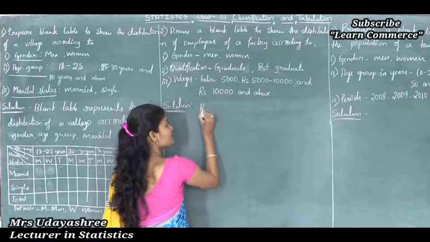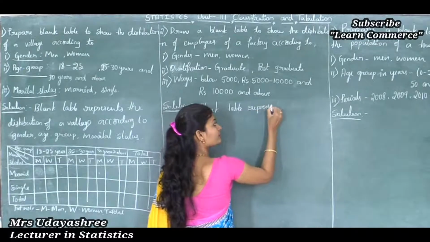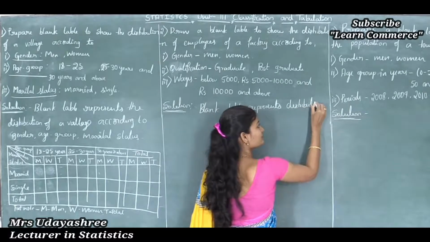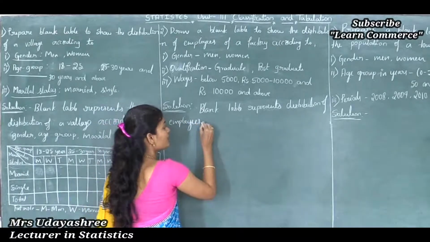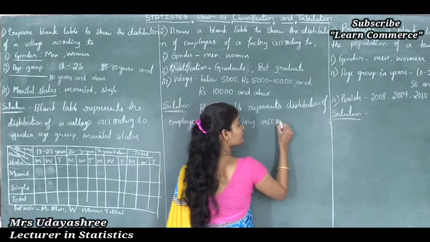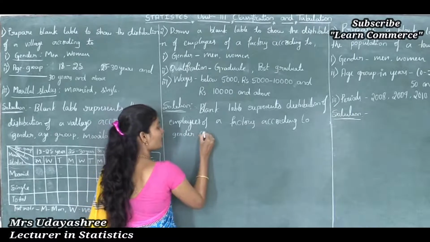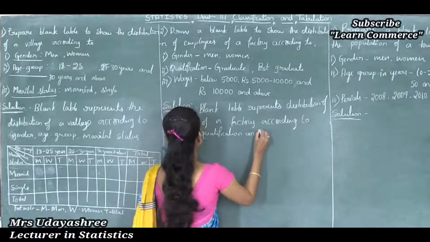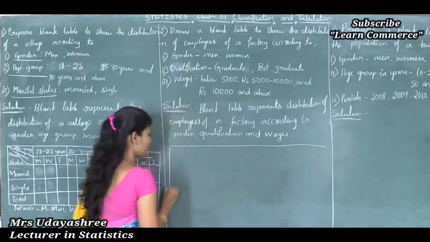Therefore, the title is: blank table represents distribution of employees of a factory according to gender, qualification and wages. Okay, next. This is one table.